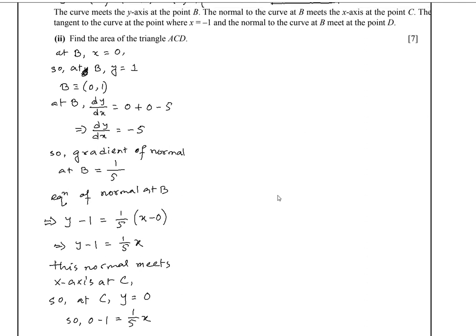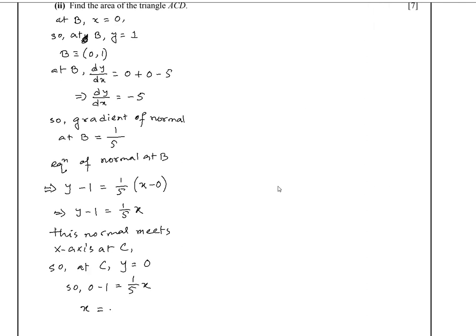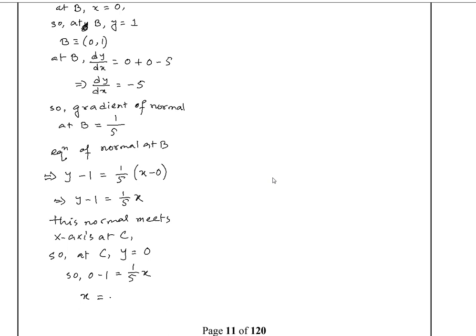So x equals minus 5. Now let me write the coordinate of C here. So the coordinate of C is (minus 5, 0).